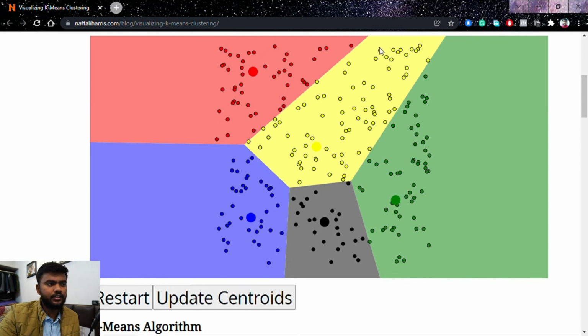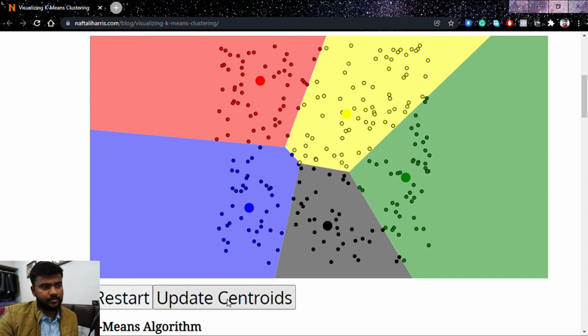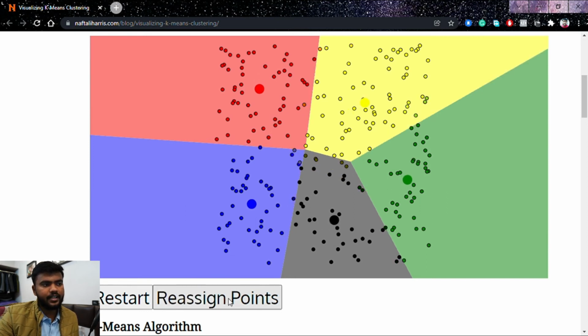First, all the points have been assigned to their respective clusters. Then we update the cluster. We have updated the clusters, and now we will reassign the points. Now we can see that this point is now lying in this particular cluster. Then we will update the centroids again, and this is an iterative process.